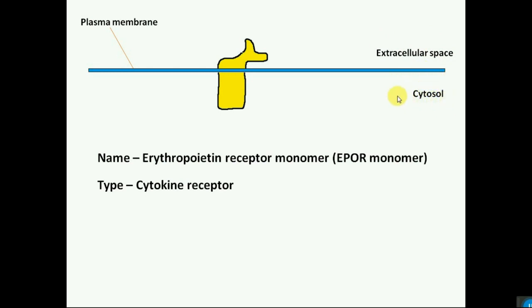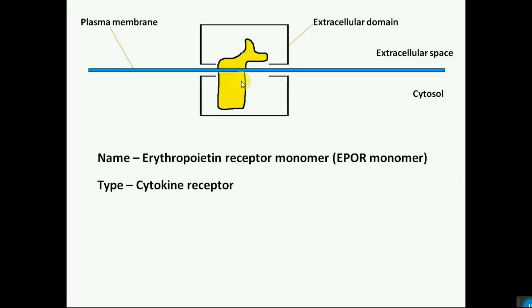The part of the EPOR monomer which is present at the extracellular space is known as the extracellular domain, and the part of the EPOR monomer which is present inside the cytosol is known as the intracellular domain.